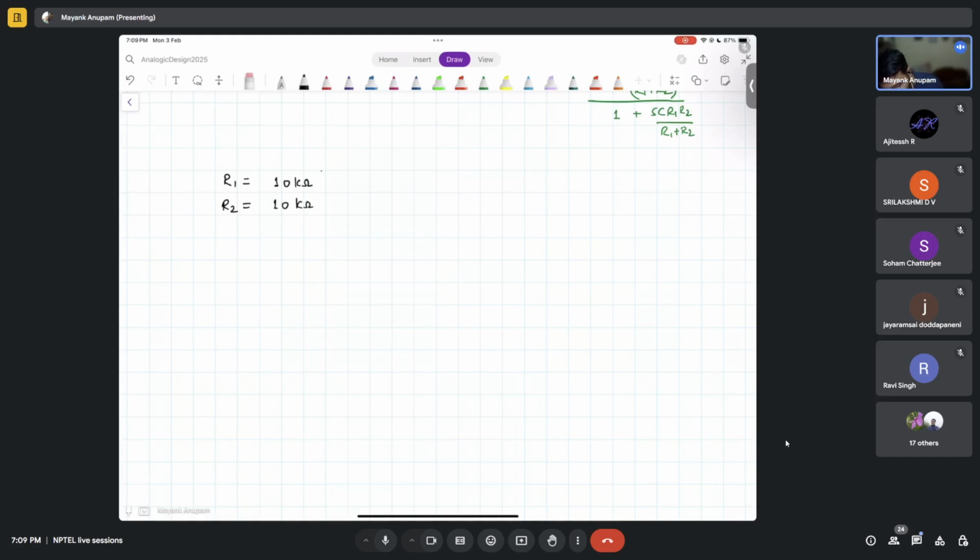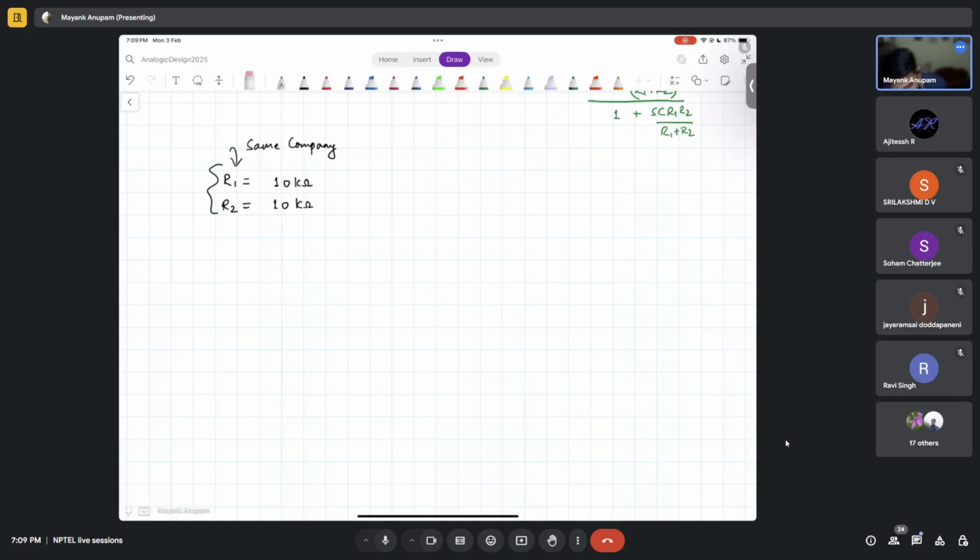So when you go to the market and you ask for two resistors, two pieces, you want 10 kilo ohm resistance from there. Let's say they are both from the same company. Even then, can you say that both the resistors will be exactly the same 10 kilo ohms? They will not be, right?